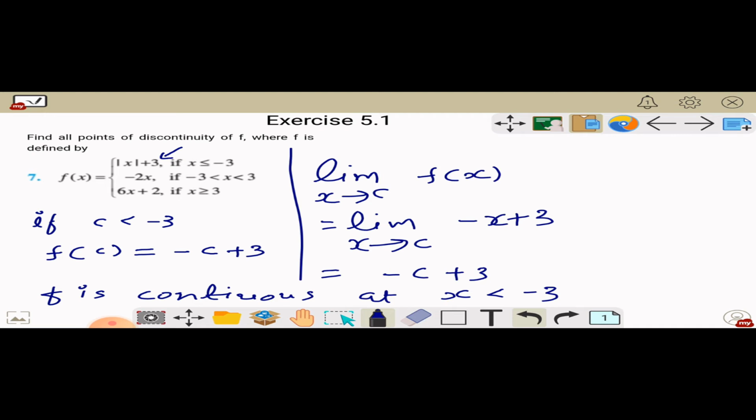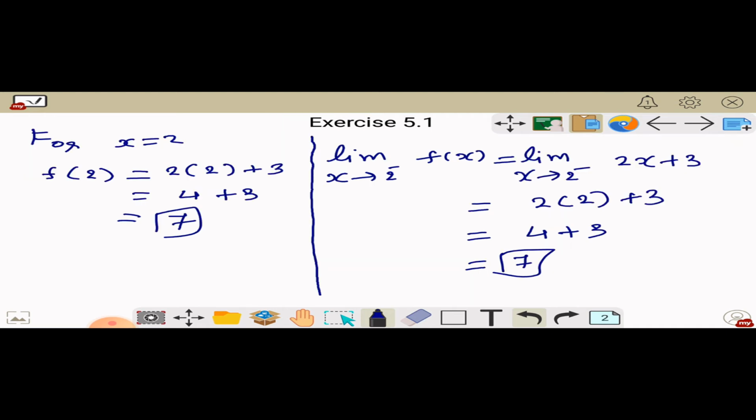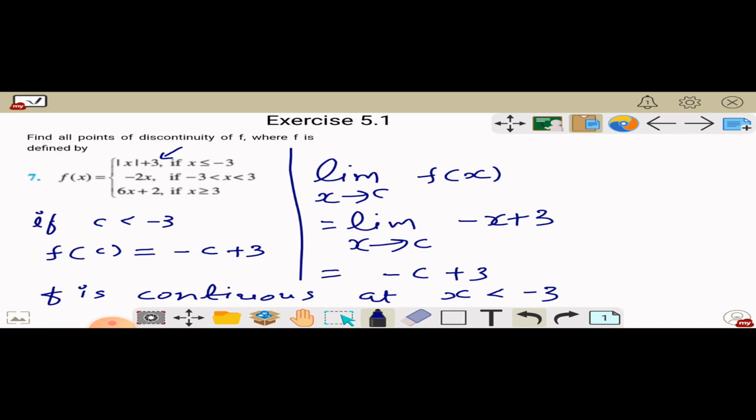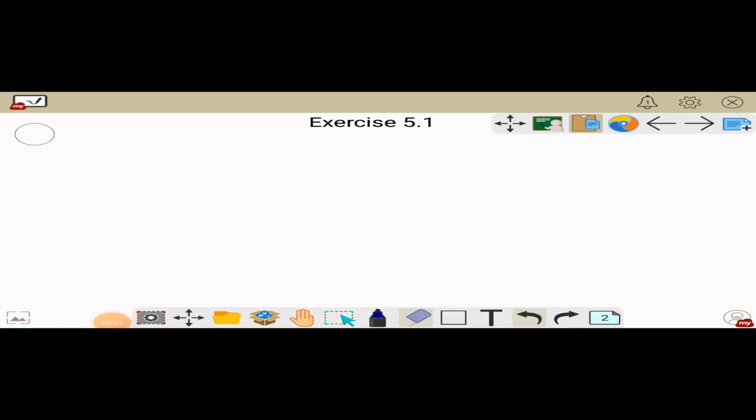Now let us take another point which is x equals minus 3. If x is equal to minus 3, we have f of x equal to minus x plus 3.